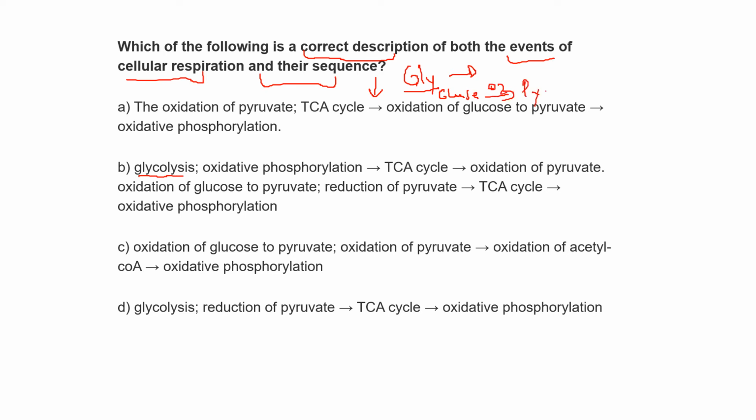So it is the oxidation of glucose to pyruvate. In this case, both are right. We just have to be aware of the names and the general process that is happening, and see if they are in the correct order.